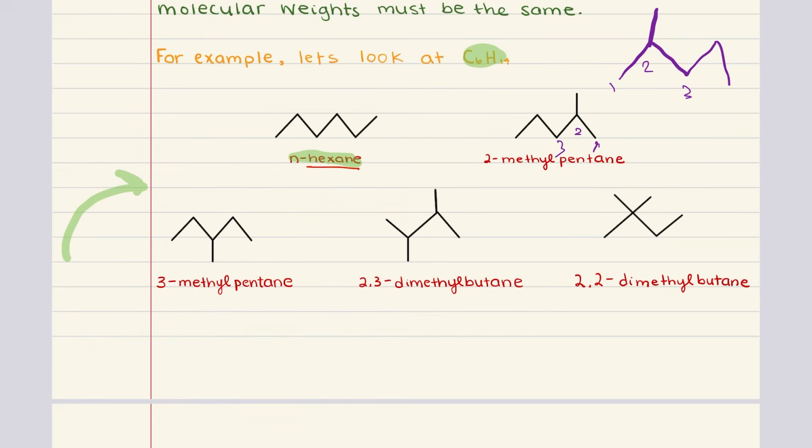Now let's shorten the chain again to 4 carbons. This gives us a butane backbone. This also gives us 2 carbons that we can place as substituents to get unique structures. If we were to place both methyl groups on the same carbon, specifically carbon 2, then what we would get is 2,2-dimethylbutane.